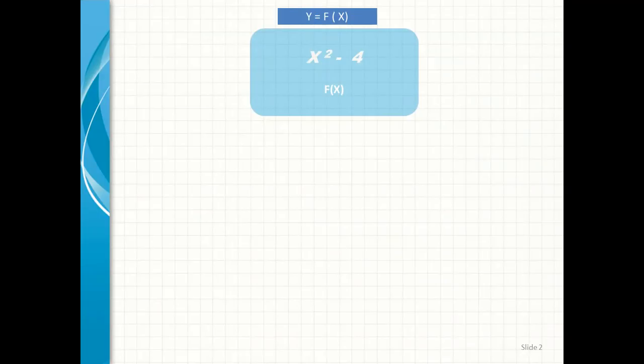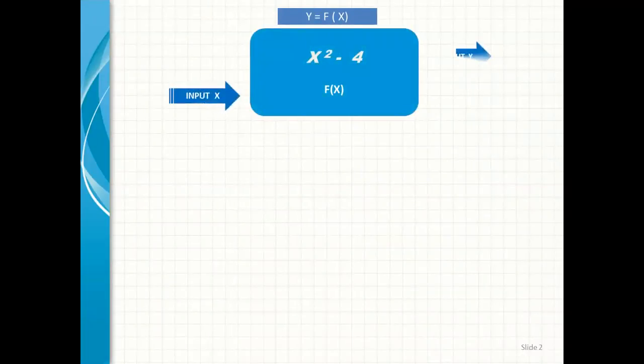It's basically an equation which is of degree 2, right? So I can put in some values of x in this equation, and I get the subsequent values of y. Let's say I put in a value of x equal to 3.